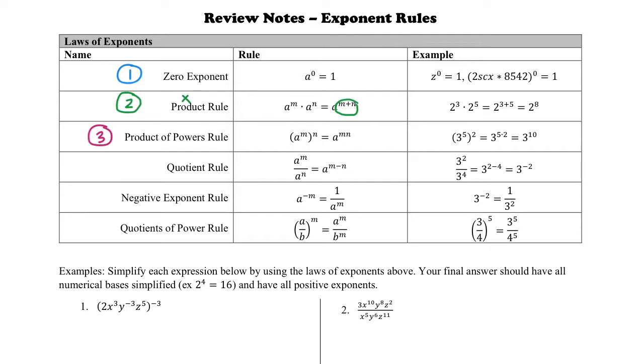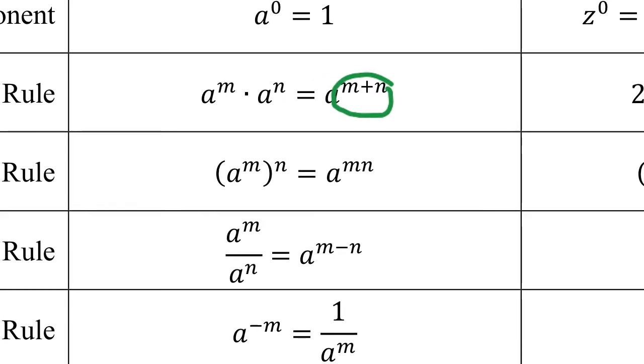So here, 3 to the 5th, all squared, is equal to 3 to the 5 times 2, which makes 3 to the 10th. The difference between these two rules is, on the product rule, you have two separate bases of a. On the power rule, you only have one base of a and two exponents.